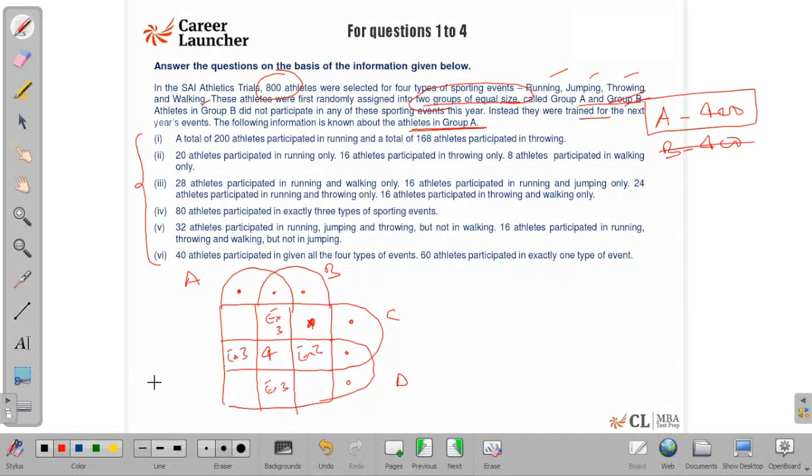These are exactly 3. And what are the exactly 2 ones? 1, 2, 3, 4, 5, 6. These are exactly 2. And the remaining ones are exactly 1, which is what we had started off with. Okay. So you can go through it again and verify for yourself. But let's now start making the set.